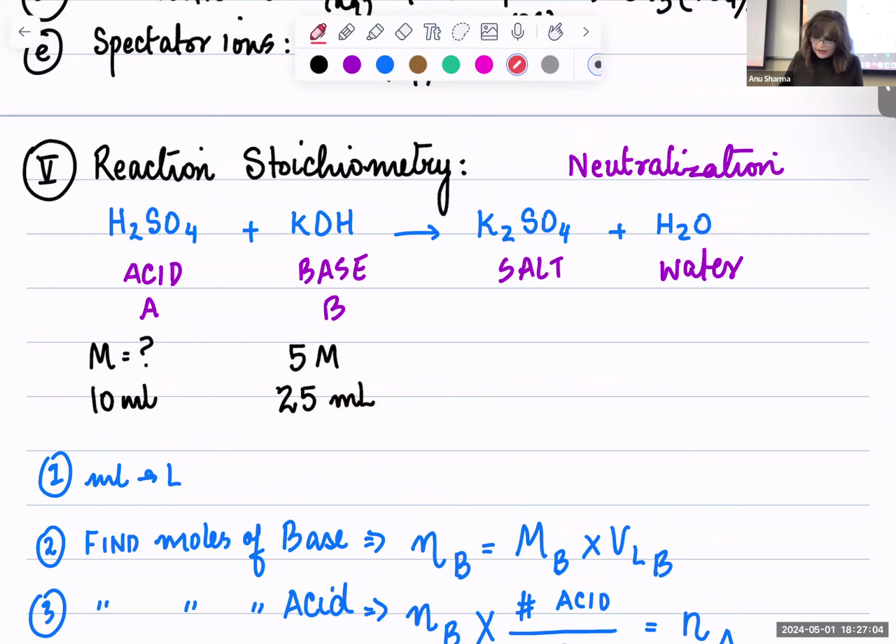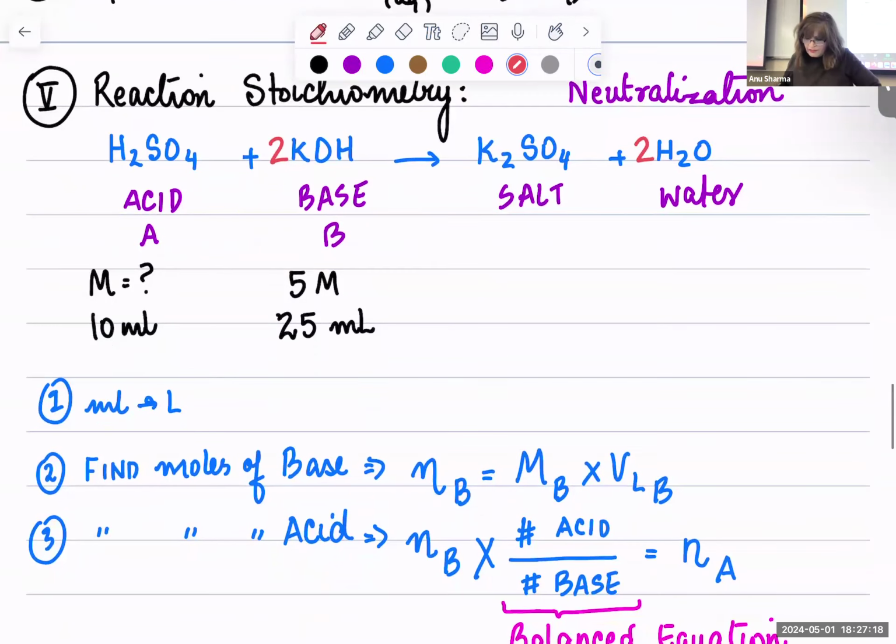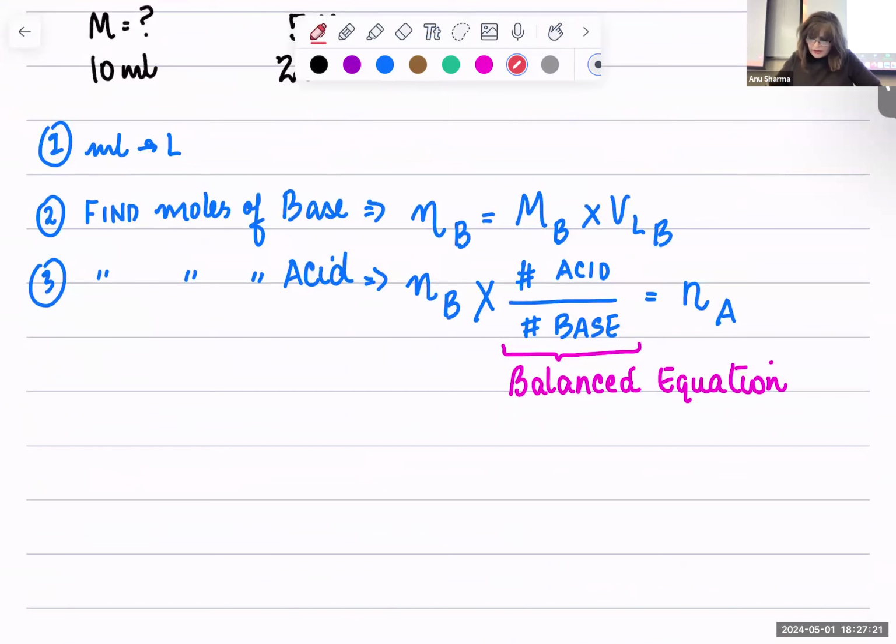H2SO4 and KOH. There are 2 potassiums there, so put 2 here. Okay, 2 potassiums, so water should be 2. So there are 4 hydrogens, 2 oxygens, 1 sulfate, and 2 potassiums. Balanced. So it's basically a 1:2 ratio, right? This is the number in front in the balanced equation.